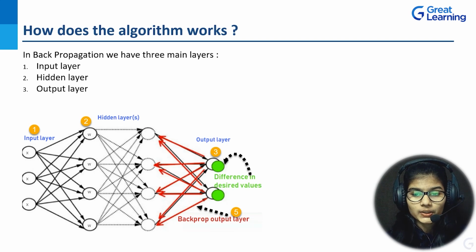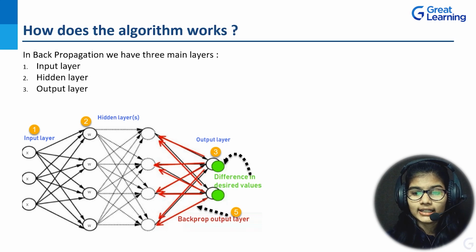Firstly, I just wanted to let you know that in the back propagation, we have three main layers. Three main layers are there in the back propagation, and the complete working of the back propagation algorithm takes place in respect to these three layers. The very first layer is your input layer. The second one is your hidden layer.